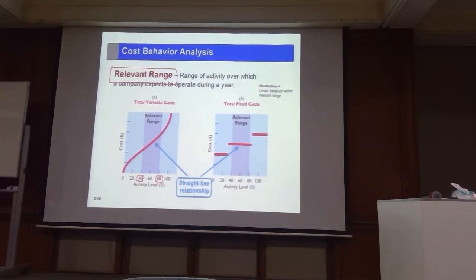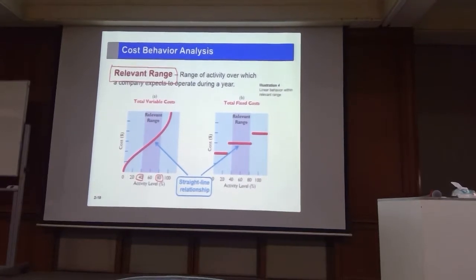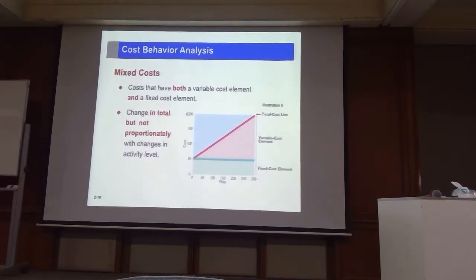So you guys still with me, right? Okay, so this is the relevant range, okay? And after we finish the variable and the fixed, now let's move on to the mixed one, okay? The mixed one, this type of cost behavior shares the characteristics of both variable and fixed, okay?